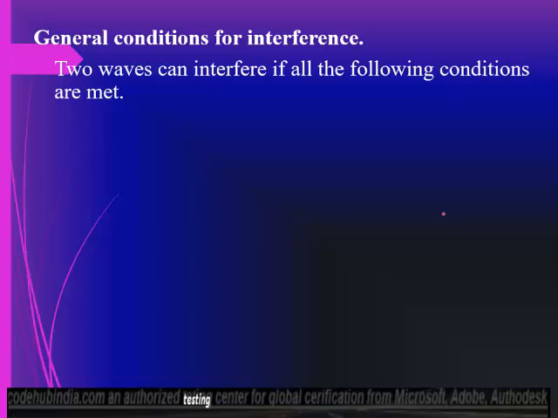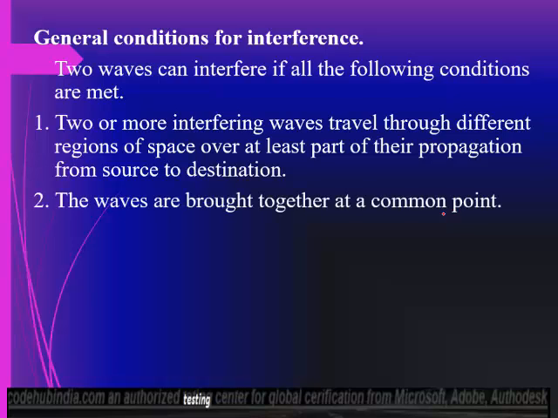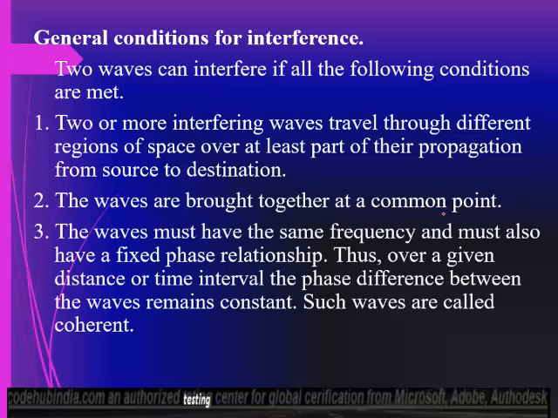Two or more independent waves travel from real sources, and the waves are brought together at a common point. The waves must have the same frequency and must also have a fixed phase relationship.